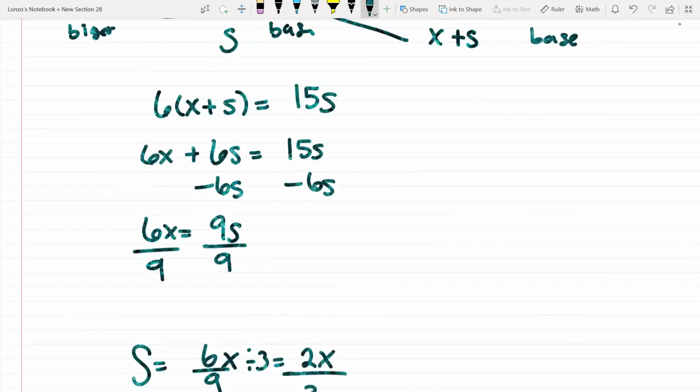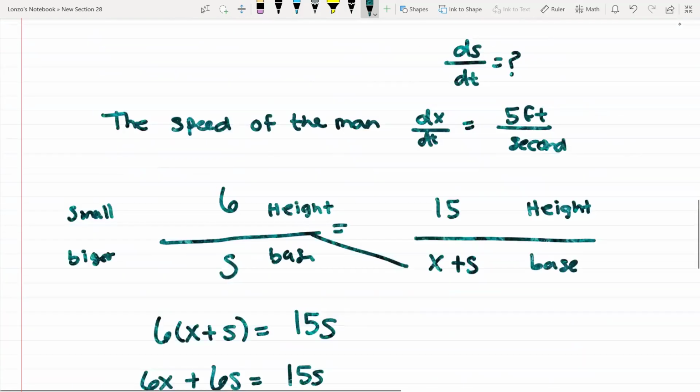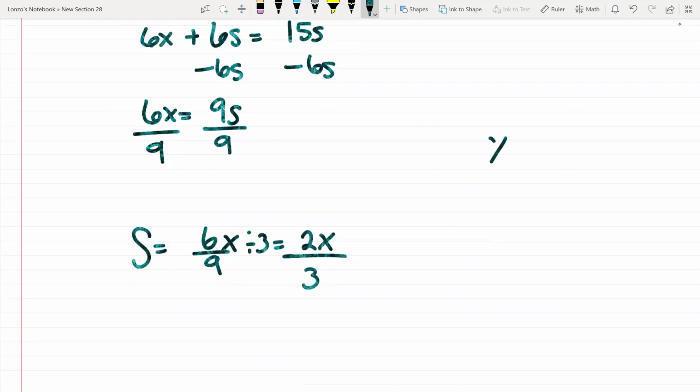The distance of the tip from the pole is x plus s, and we said that s is 2x over 3.